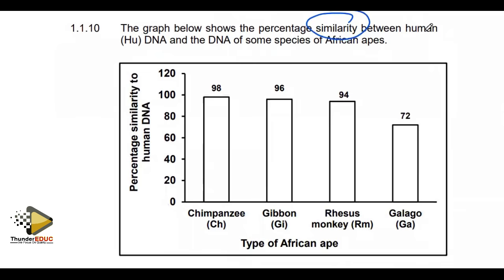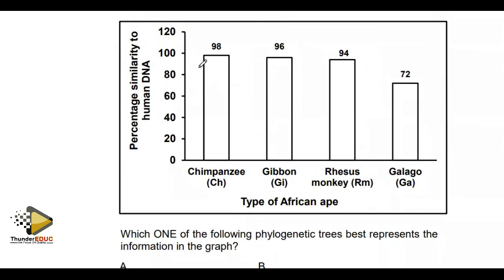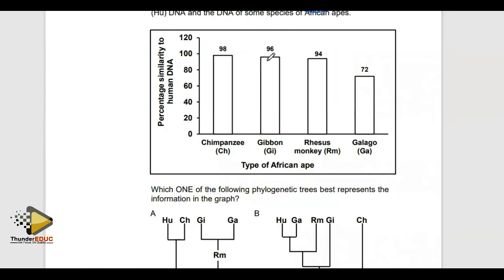So humans and the chimpanzee share 98% of DNA, and then gibbon and the humans share 96% DNA, and then the rhesus monkey, we share 94% DNA, and then the galago, we share 72% DNA.